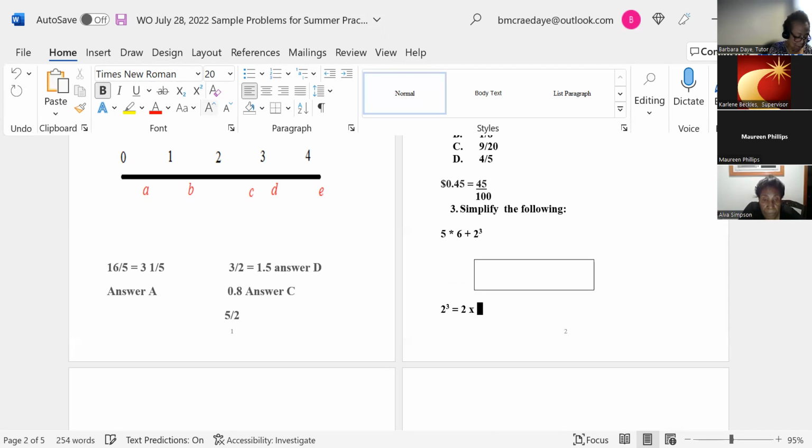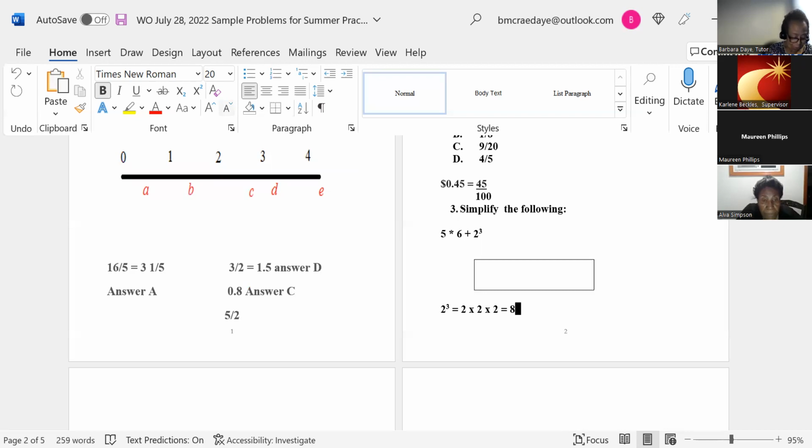Yes, 2 times 2 times 2. What's that equal to, Alva? No, 2 multiplied by 2 multiplied by 2. And what's that equal to? 8. That's right. 2 times 2 is 4, and 4 times 2 is 8.